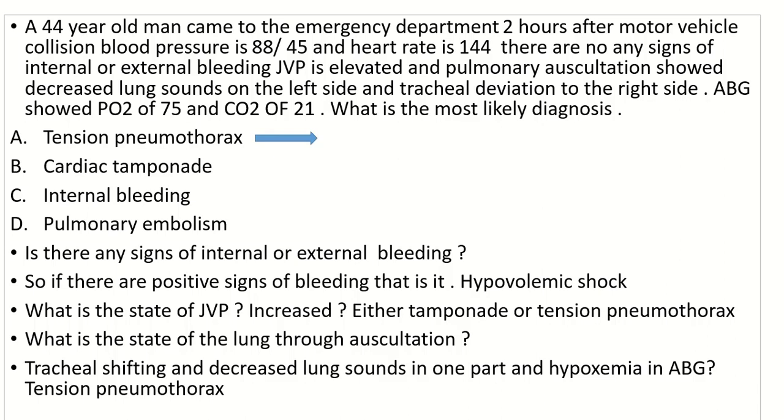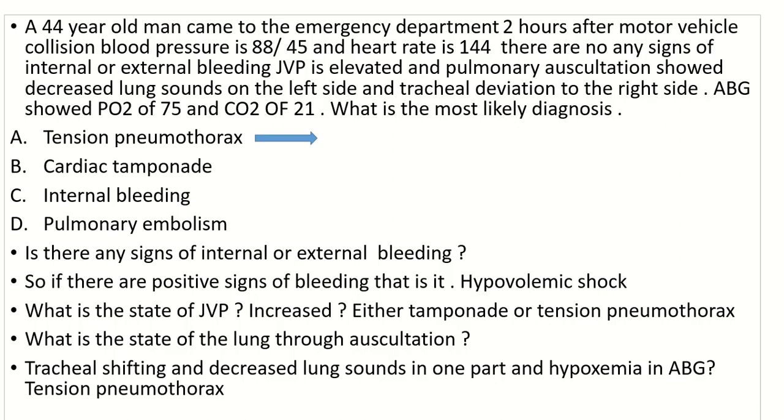And also ABG will show hypoxemia and hypocapnia due to ventilation-perfusion mismatch. But in the context of trauma, we should not really think about pulmonary embolism unless the patient has been bedridden for 24 hours. So this makes the diagnosis of pulmonary embolism unlikely.